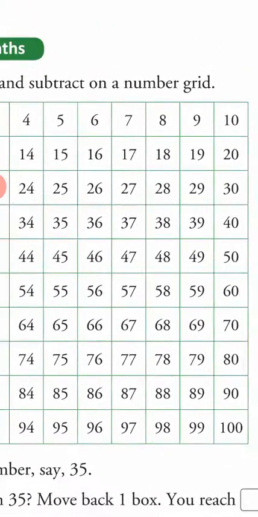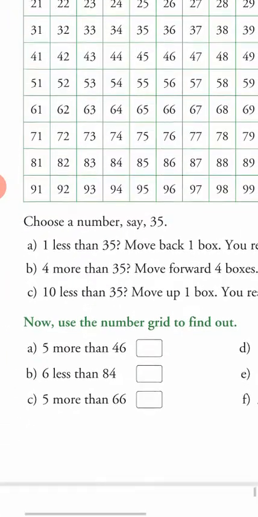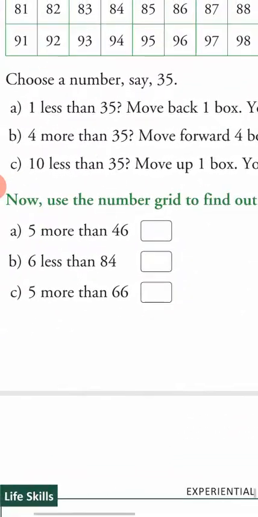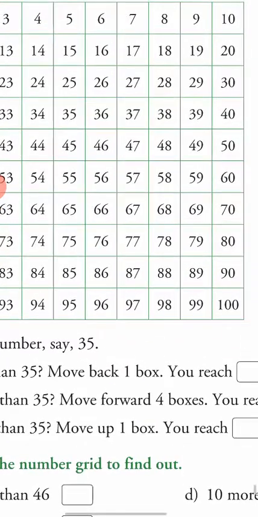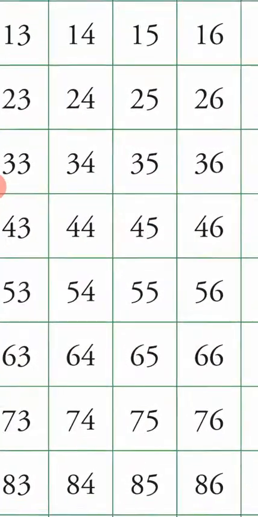So now let us move towards the question which we have read, and that is to choose a number, say 35. Now we have the number 35, and we will just discuss all these parts now. In this, your A part is 1 less than 35. Move back one box. 35, you search for 35 in this box.